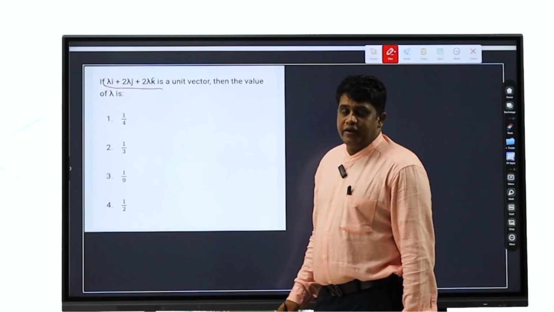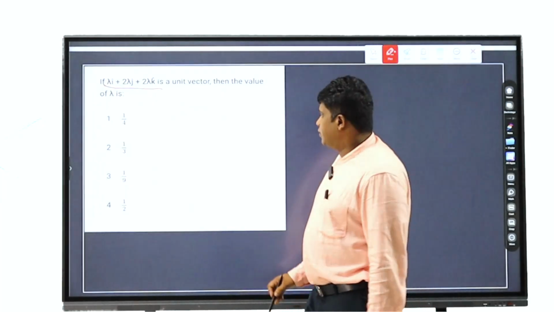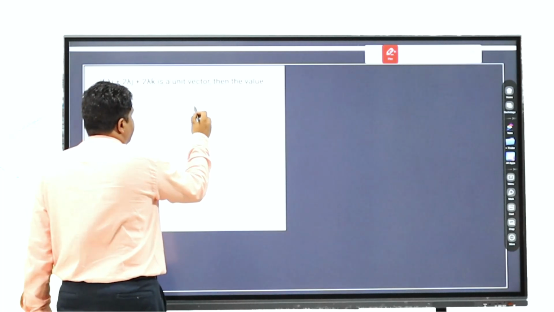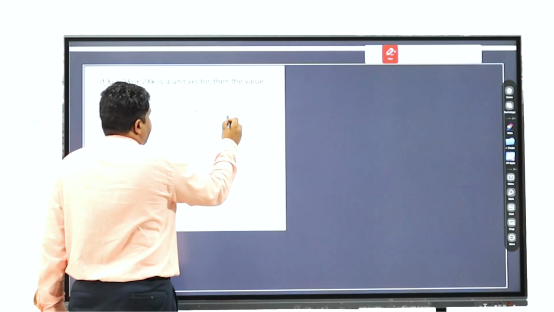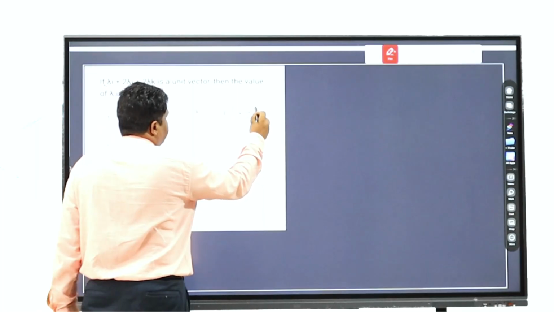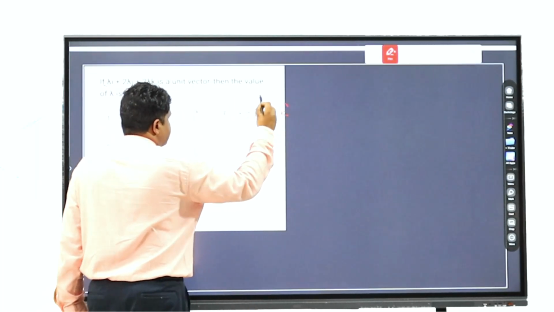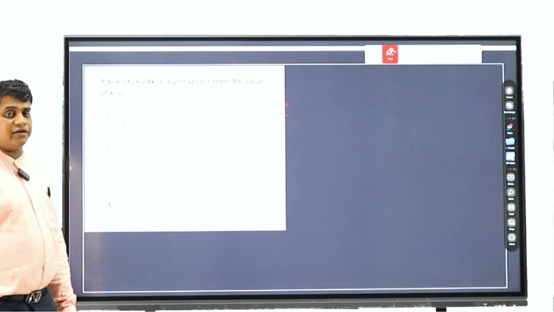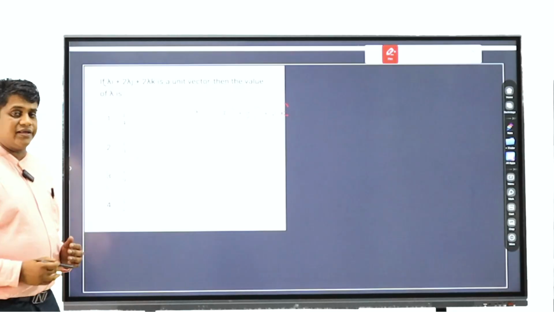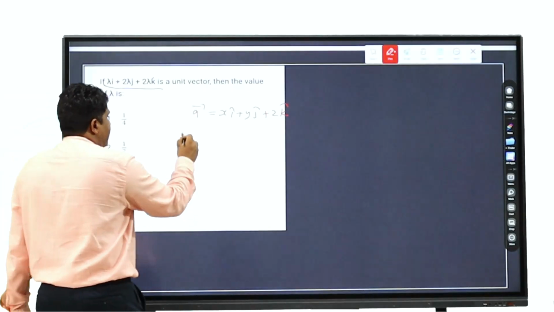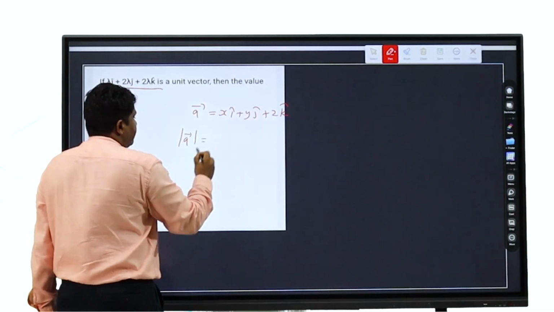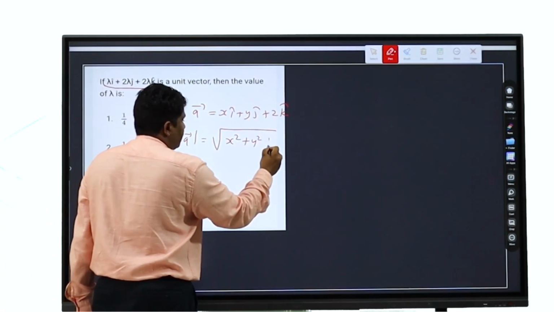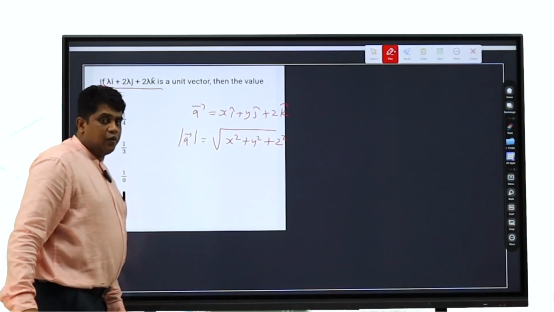So how can we find the magnitude of a vector? Let A = xi + yj + zk be a vector. Then x, y, z are the scalar components of I, J, K respectively. Then what is the magnitude of A? The magnitude of A is equal to root of x square plus y square plus z square. We can prove it.